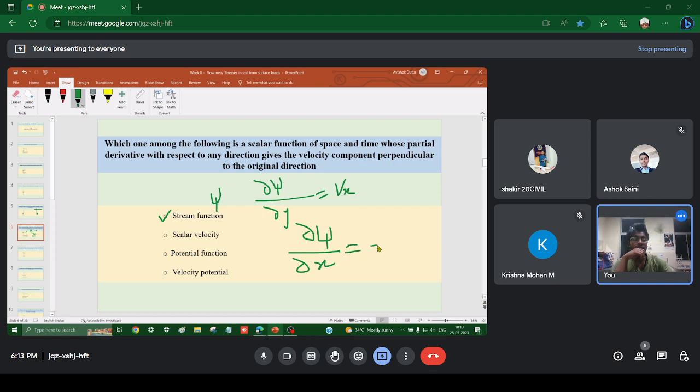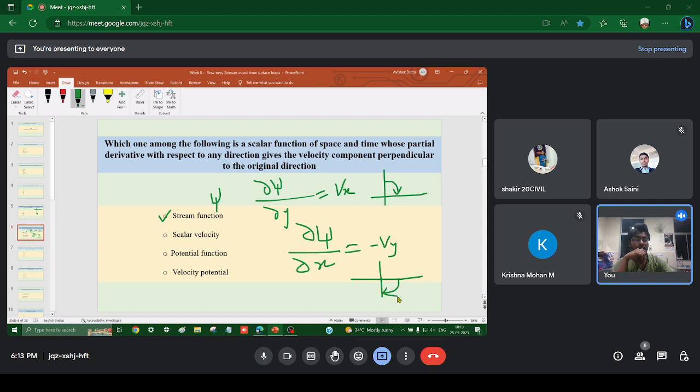y direction, but in the opposite direction, with a minus sign. In the y direction we are getting x positive, that means it is coming from here to here. If we differentiate in this direction, it is coming like this.